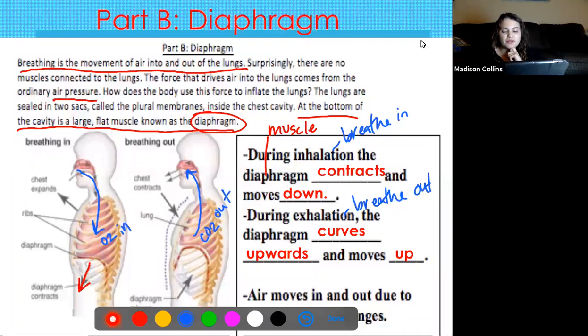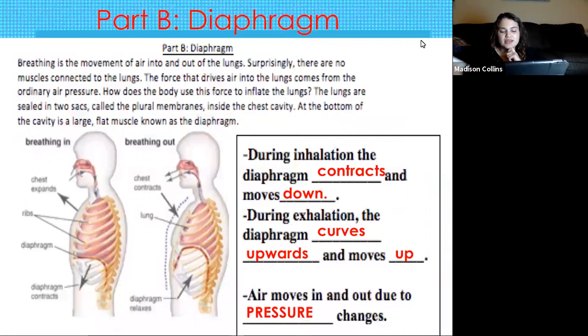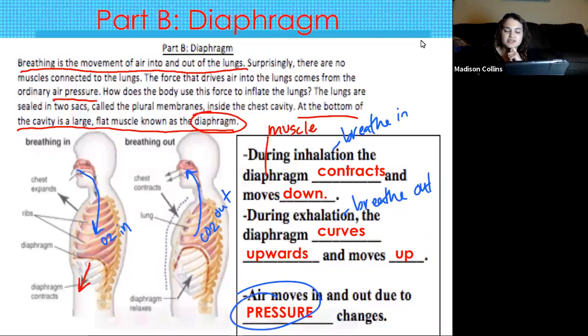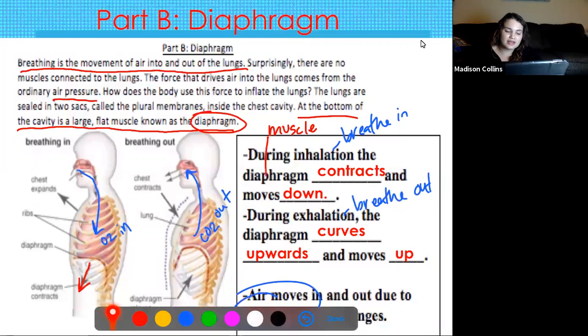So this final bullet point you need to fill in is that air moves in and out due to these pressure changes that we see. So this essentially is one big physics problem, which when you get to physics will make a little bit more sense. But that diaphragm is the reason that air is able to move in and out of your lungs. So thank you, diaphragm, for allowing us to breathe.